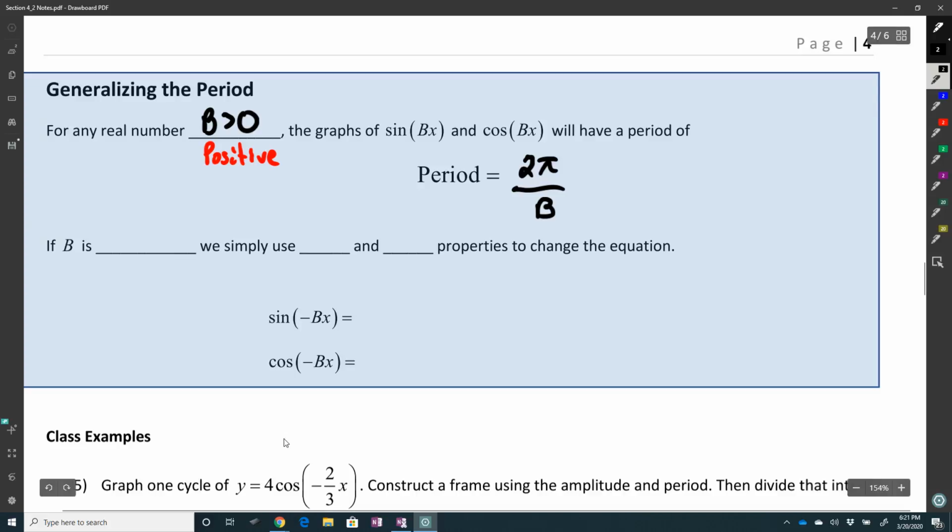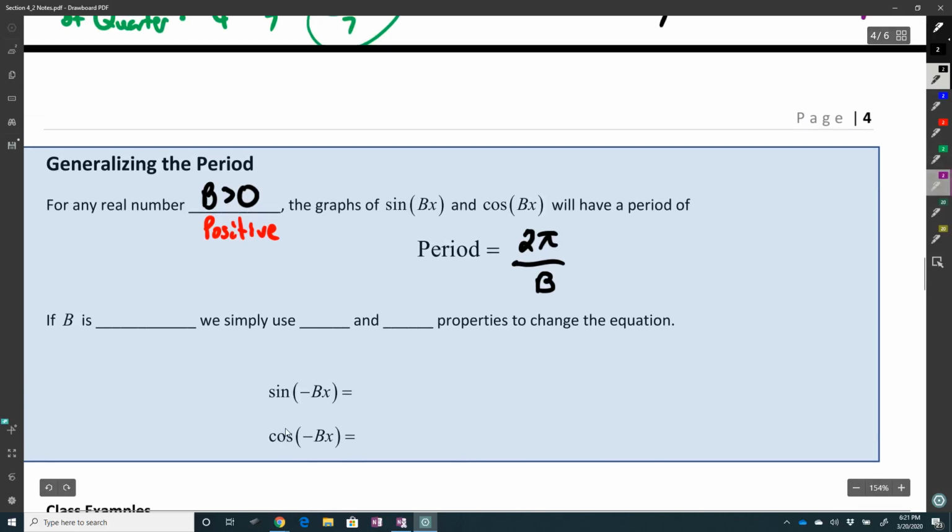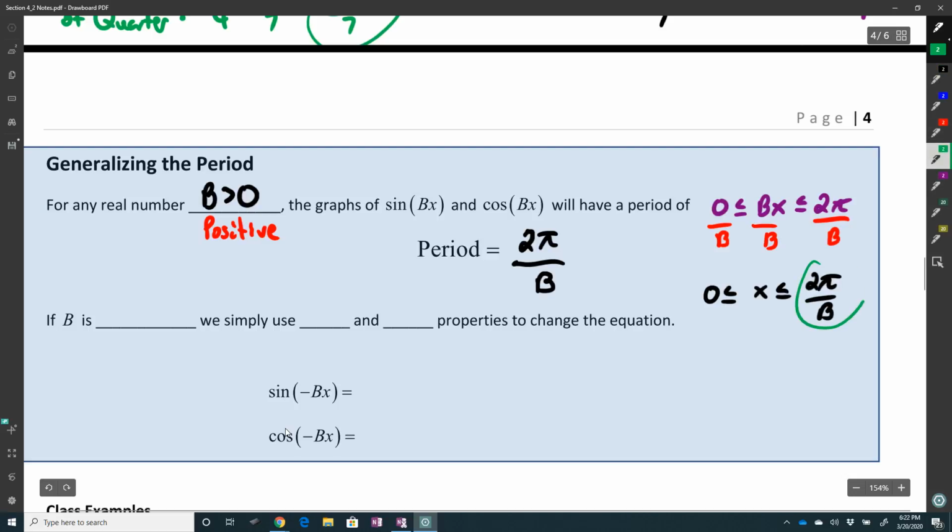The reason for that is we just do what we've been doing: 0 less than or equal to bx less than or equal to 2 pi. All you do is divide everything by b, and that gives you 0 less than or equal to x less than or equal to 2 pi over b. And so we can see that 2 pi over b is the same thing as the period.